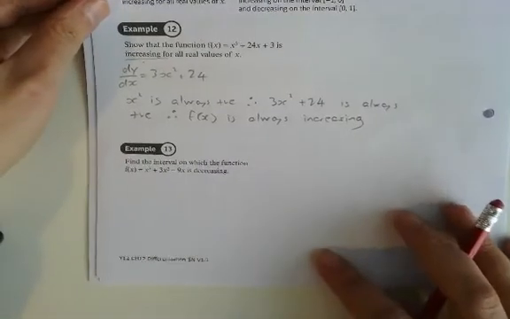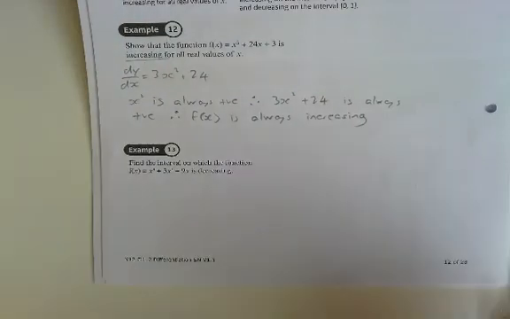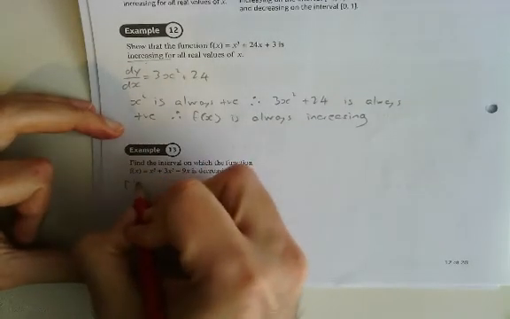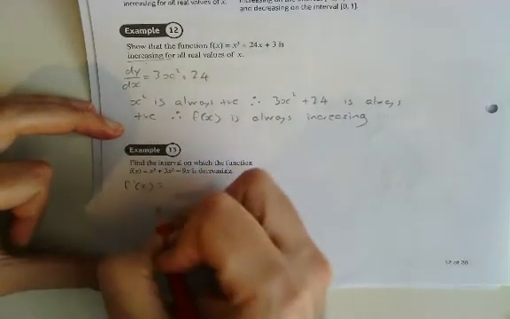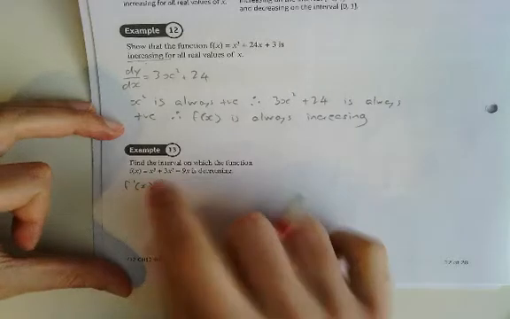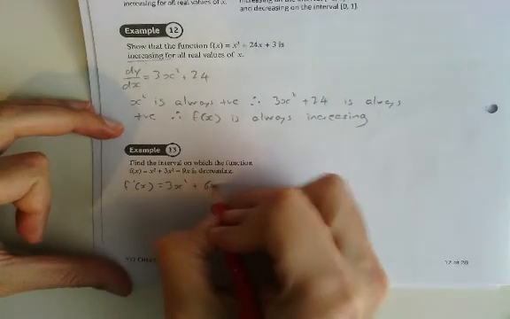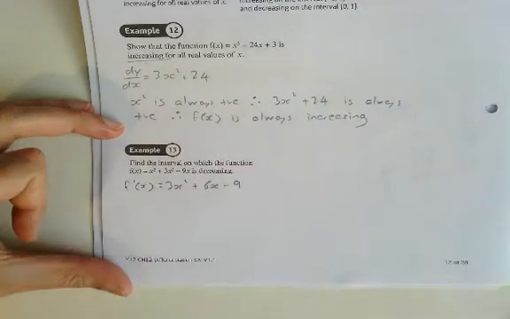Right, and example 13. Find the interval on which the function f of x is decreasing. Again, find your differential. So f dash of x, notice I'm calling it the right thing this time, gives me 3x squared plus 6x minus 9.